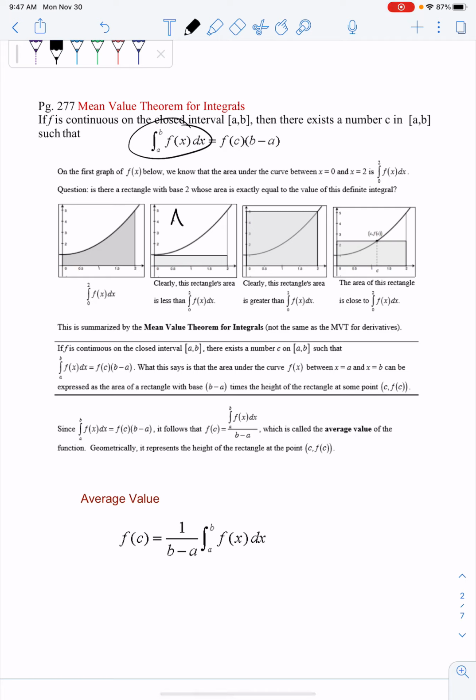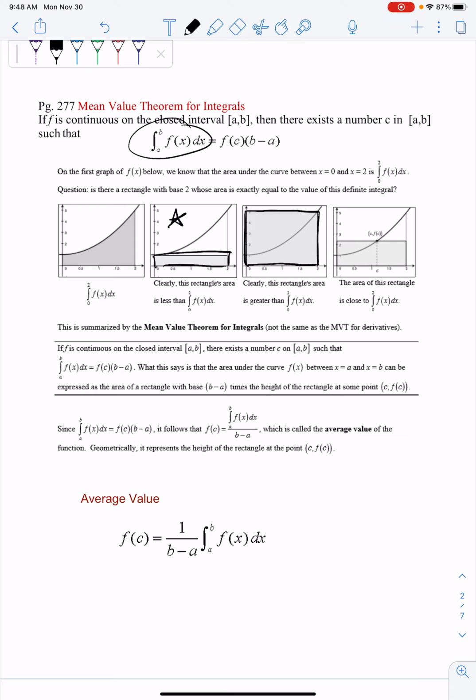If I make a rectangle that's the same width but lower than the lowest value, then obviously my area is less than the real area. Now, if I make another rectangle, but make it higher than the curve, then obviously my area is bigger than the actual area.